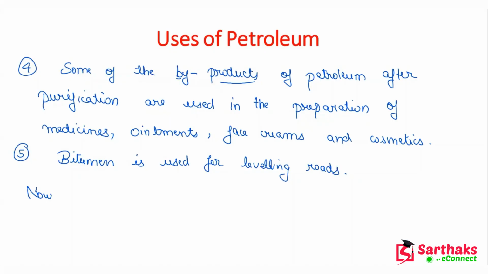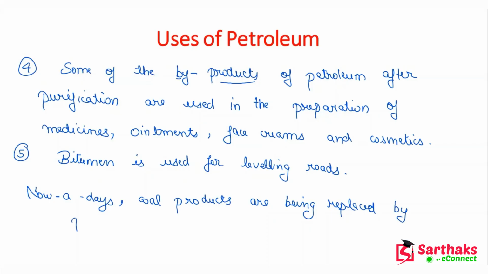Nowadays petroleum is very useful because maximum coal products are being replaced by petroleum products, because petroleum products are easily available, and it is easy to separate them with the process of distillation.